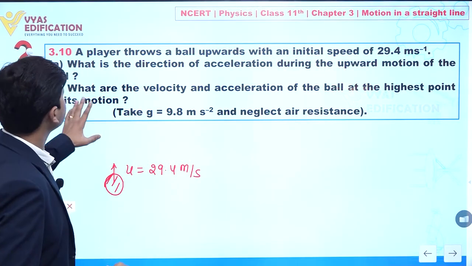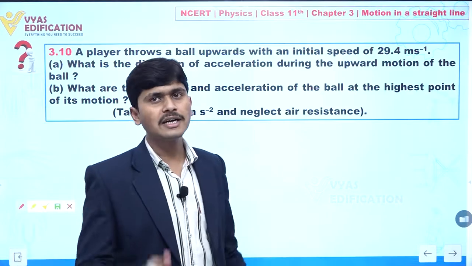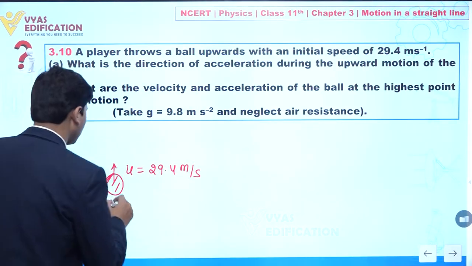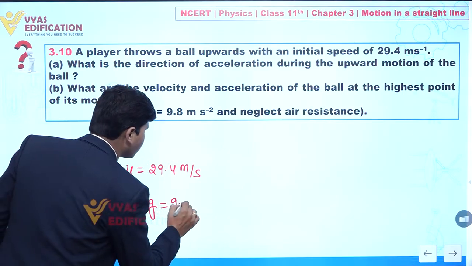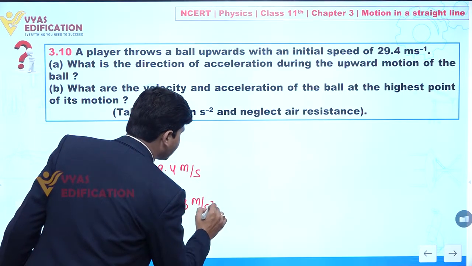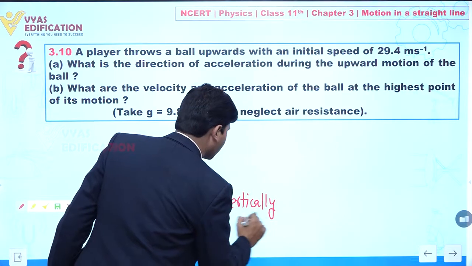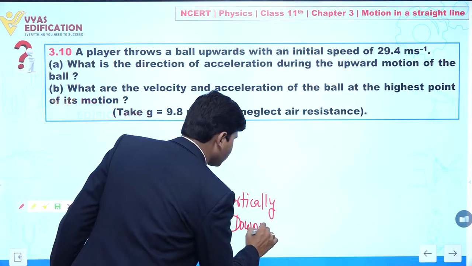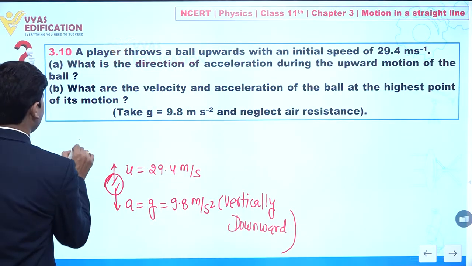Whenever we are throwing a ball in a vertical upward direction, acceleration due to gravity always acts in a vertical downward direction, with magnitude 9.8 meter per second square. So this is the answer of part A.